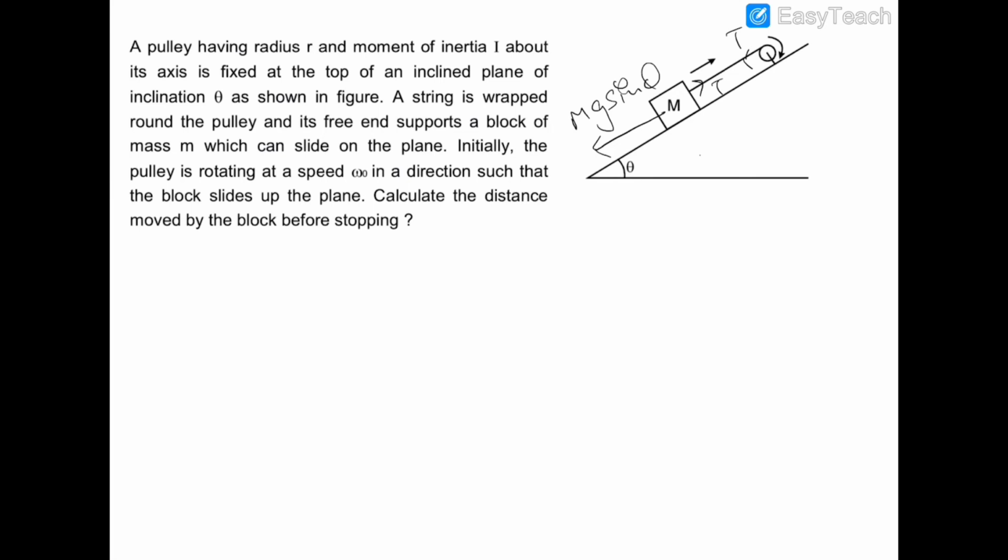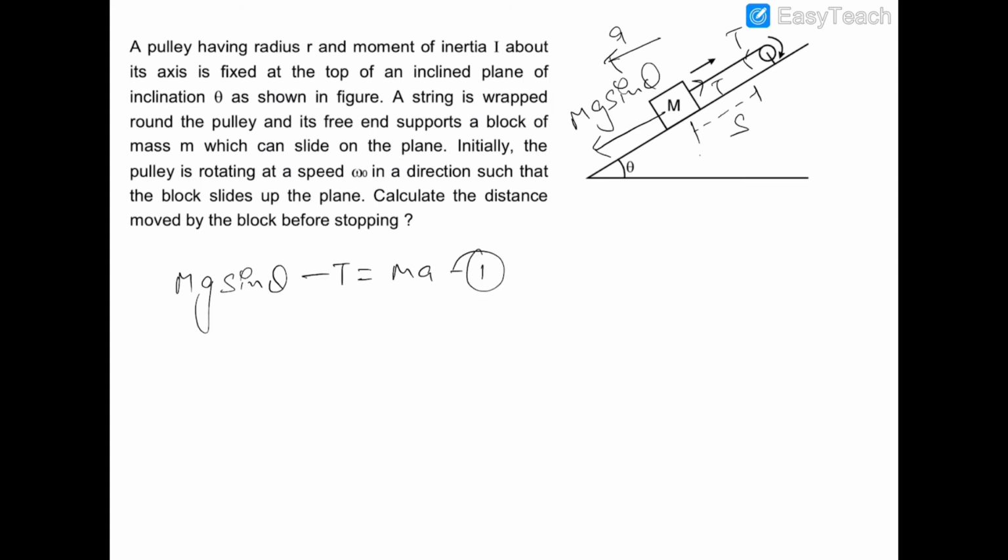So we have to find out the distance moved by this block up the inclined plane before coming to rest. As this block is retarding, its acceleration would be in the downward direction, but its velocity is in the upward direction. So the equation of the block would be mg sine theta minus T will be equal to ma. This is the first equation.